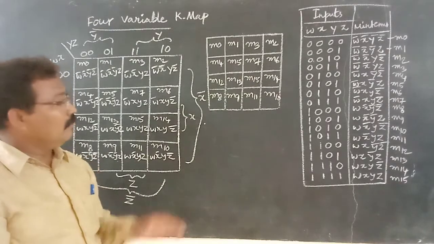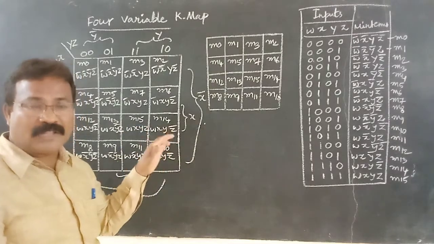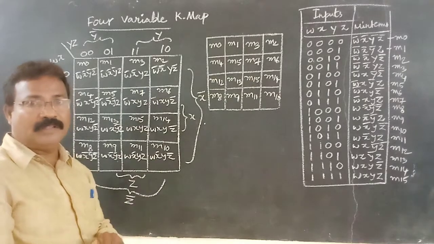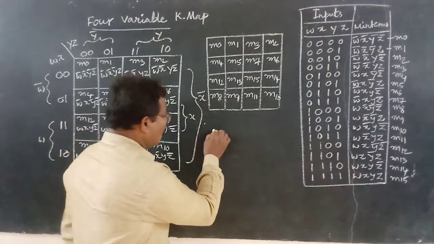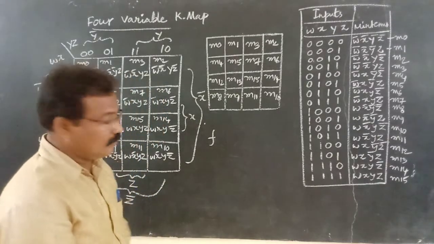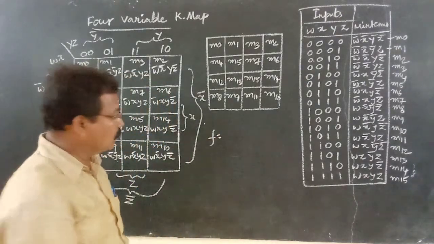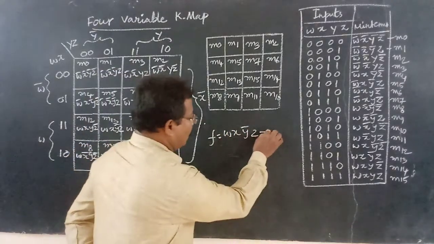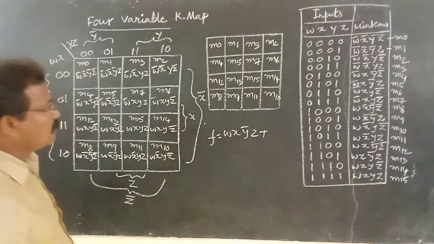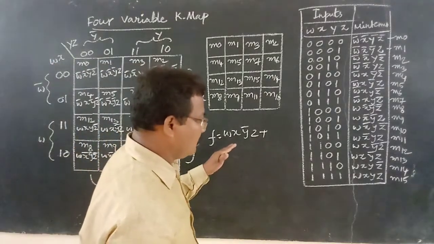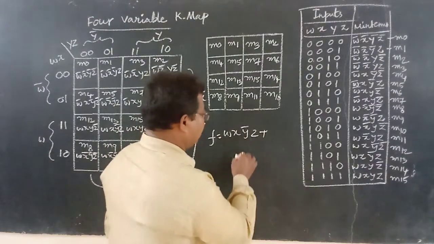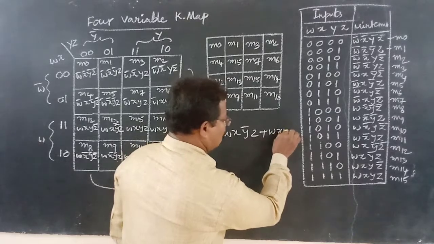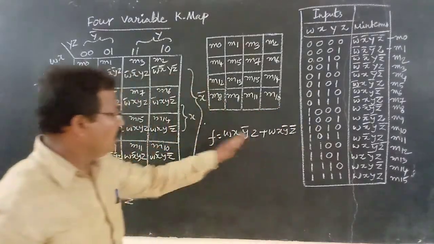Let us take one example for the simplification of a four variable K-map. Suppose we have a Boolean expression, W X Y bar Z plus W X Y bar Z plus W X Y bar Z bar.